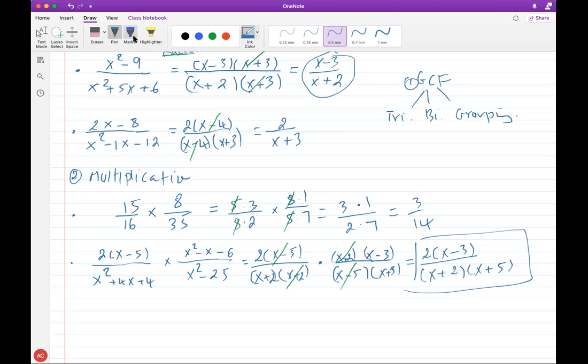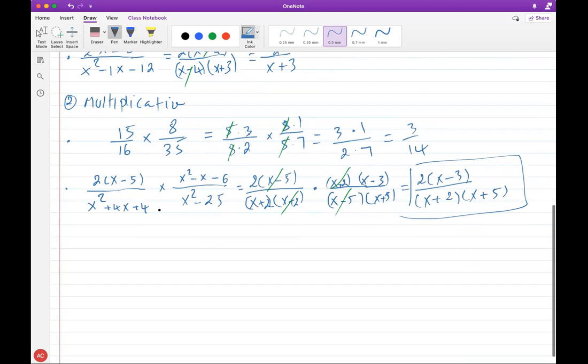Can we do another one, Professor? We're gonna do other examples. So let's see, x plus 5 and x minus 4, for example. You want to times that by, and even add something here.